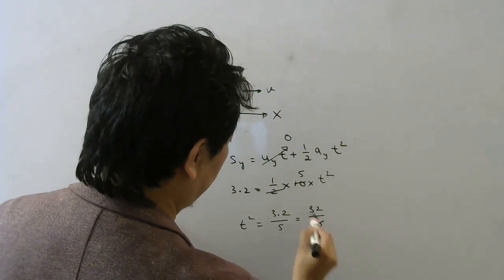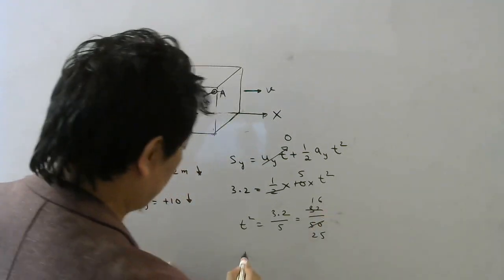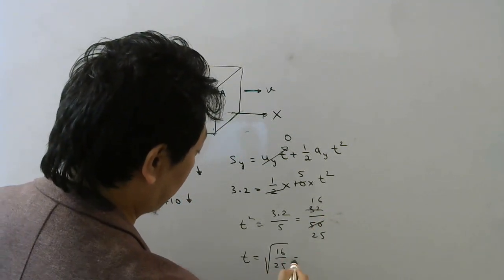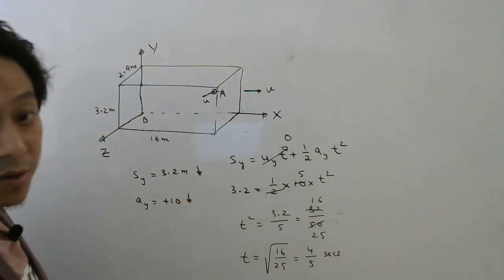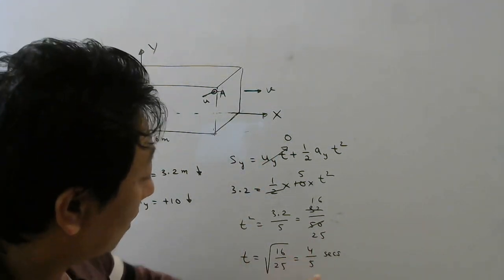So t will be square root of 16 by 25, that will be 4 by 5. So how much time does it take to reach the bottom? It took 4 by 5 seconds.